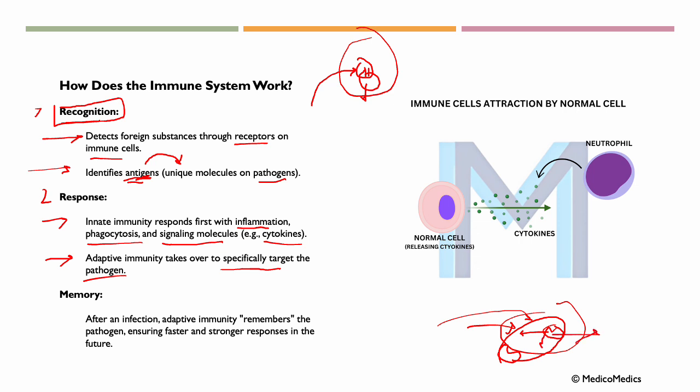We then have our adaptive immune system. As we mentioned before, we talked about T lymphocytes or T cells and B cells, etc. We will go, as we move along in this course, into greater detail of each of these cells.